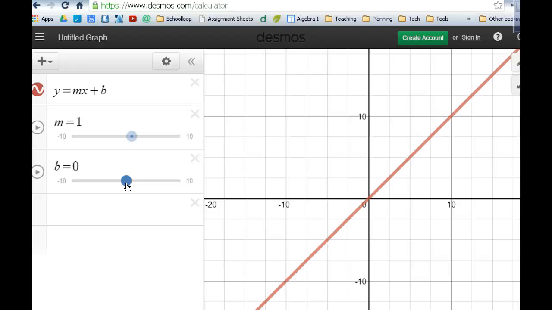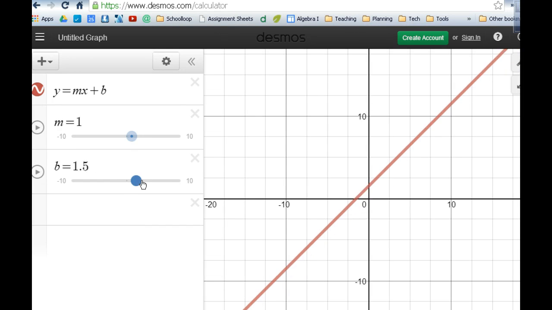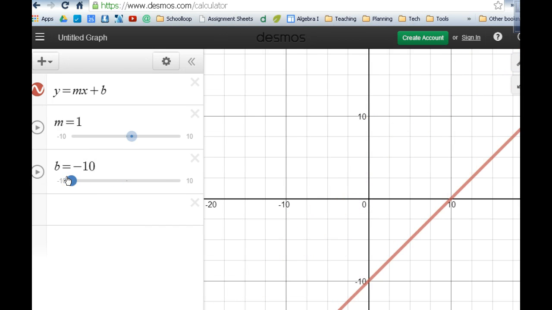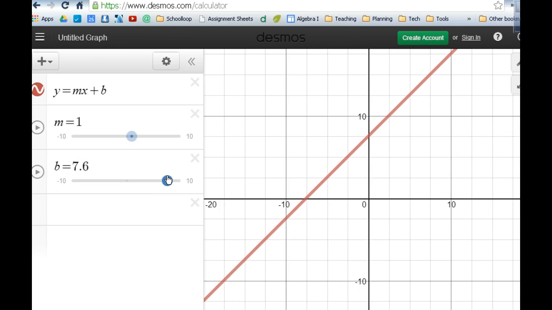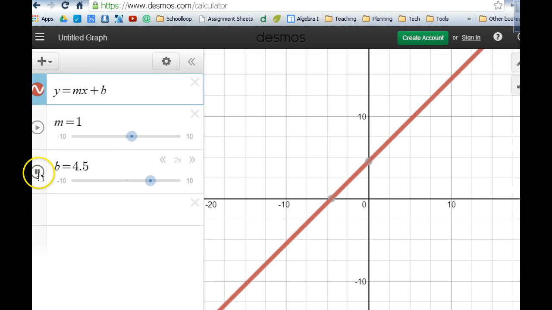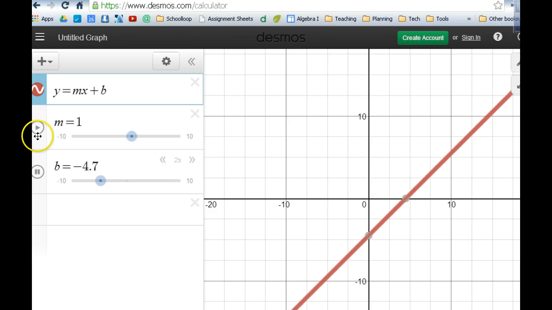Depending on where your situation is beginning, it changes what we call the y-intercept, where it touches the y-axis, or where x equals 0 is another way of looking at it. So between these two values, we can graph anything.